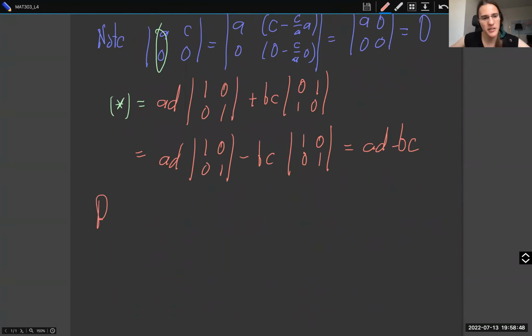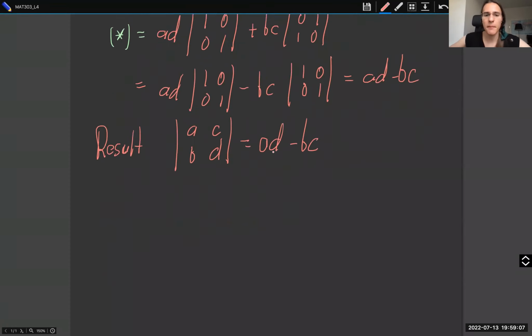So the result: for A, B, C, D, the determinant is AD minus BC.